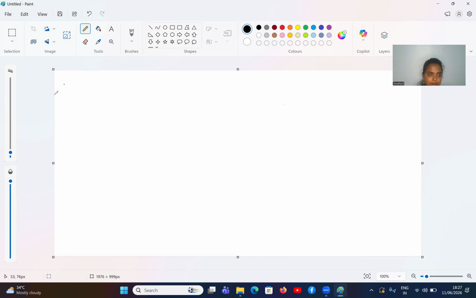Let v1, v2, and so on, vn be vectors from a vector space, and alpha 1, alpha 2, alpha 3, and so on, alpha n be the scalars.